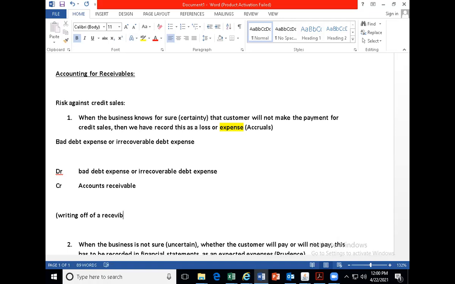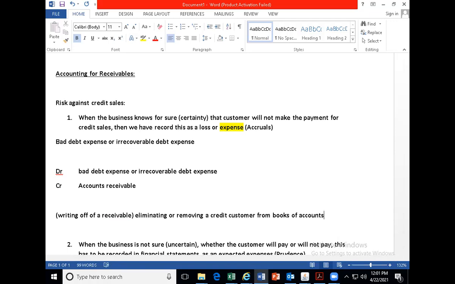So what is writing off of a receivable? Do you know the meaning of write off? Oh yeah, of course, you know a lot more than I do. Writing off is like eliminating or removing a credit customer from the books of accounts.